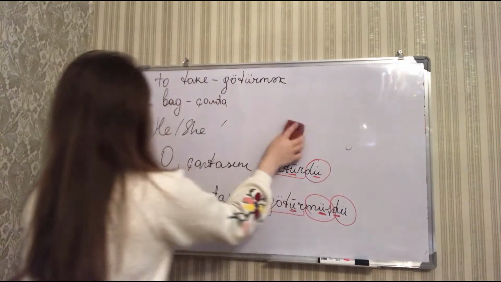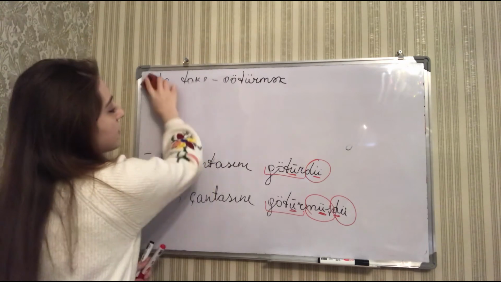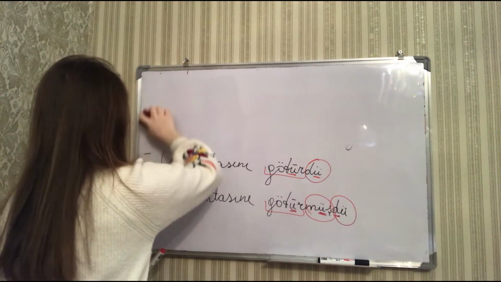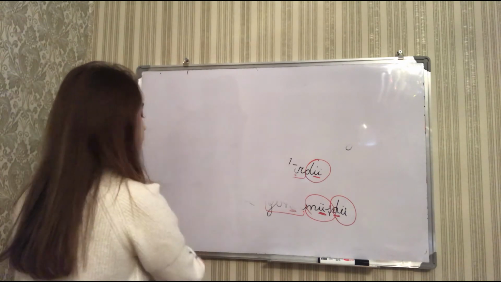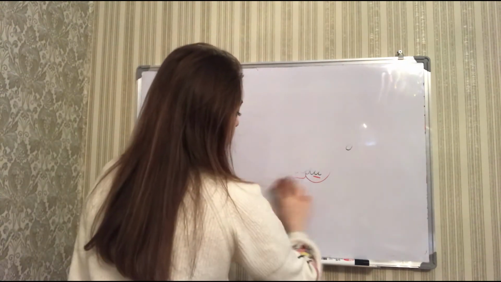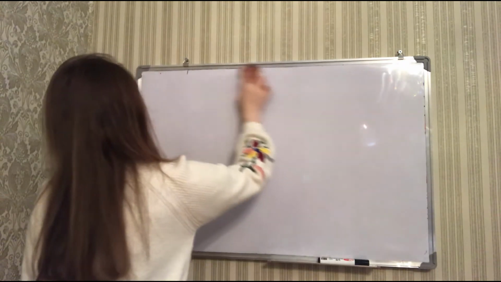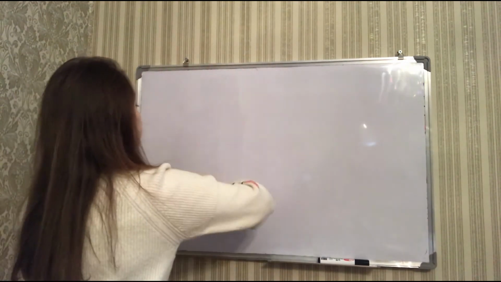So, now let's look at how we can create interrogative and negative forms of these sentences. Let's write another example and I will show you on it.